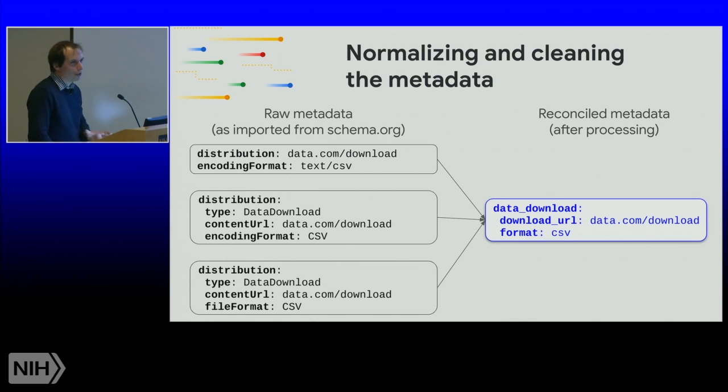And then the actual download format is either a MIME type in the first case, or a capitalized file extension. So we do a lot of things like that, where we take all of this and put it into a common form.